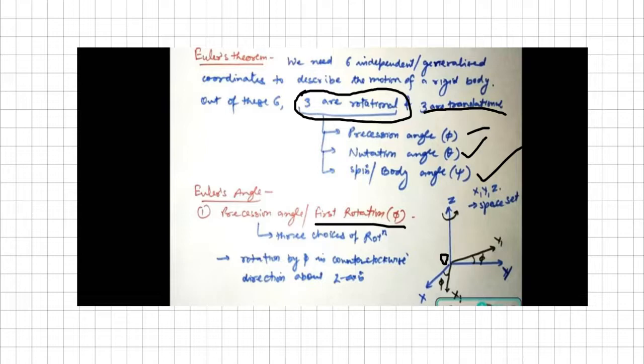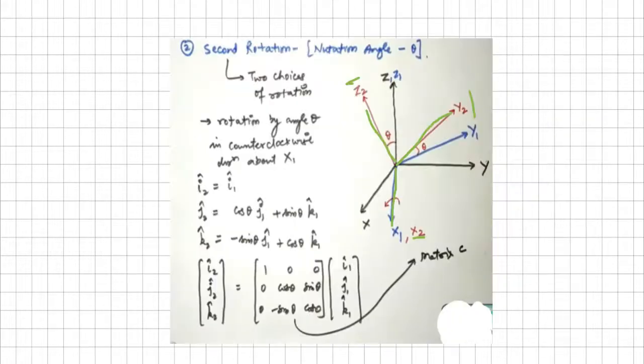After obtaining these new coordinates, we again transformed by an angle theta, but this time I considered the z1 axis. I took the rotation along the z1 axis, so that the x1 axis remains at its position and the rotation is in the y1 z1 plane.